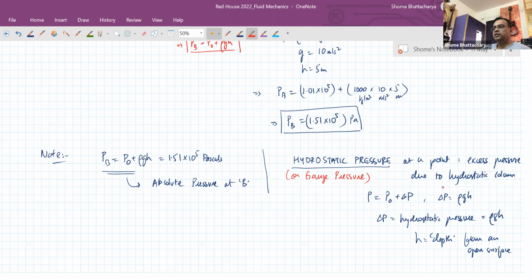So at the point B, the gauge pressure, if we just express it, is this rho gh, or 0.50 into 10 raised to 5 pascals.